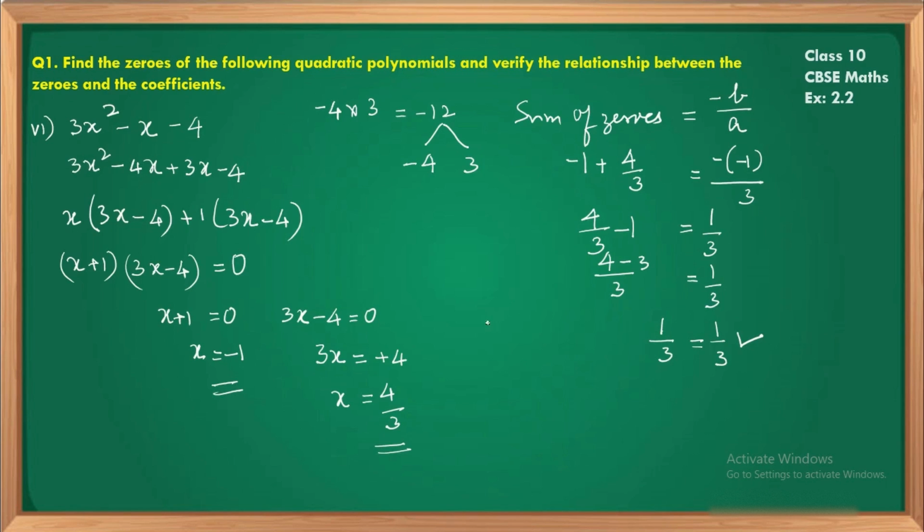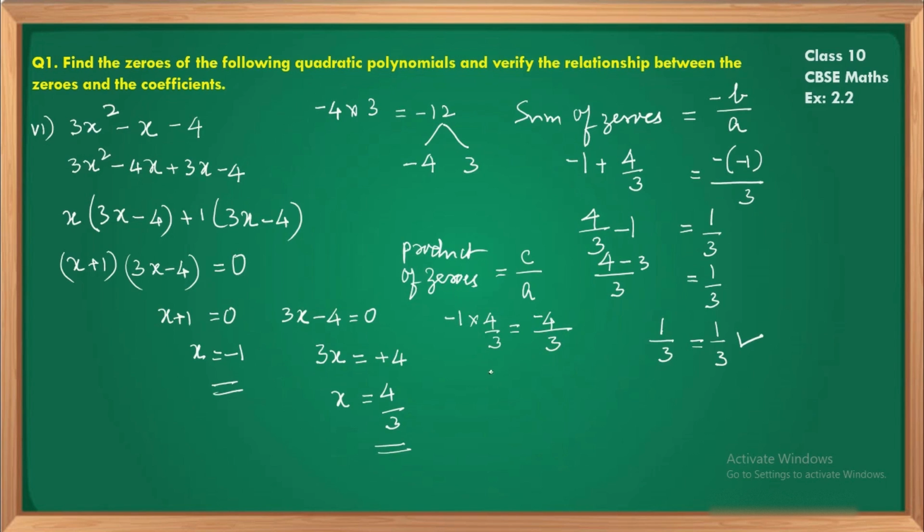For the second verification, we can write down here product of zeros, which is equal to C by A. The zeros are minus 1 into 4 by 3, equal to C. C is minus 4, the constant term, minus 4 upon A. A is 3, which is the coefficient of x square.